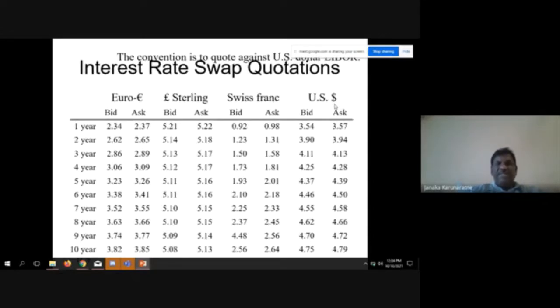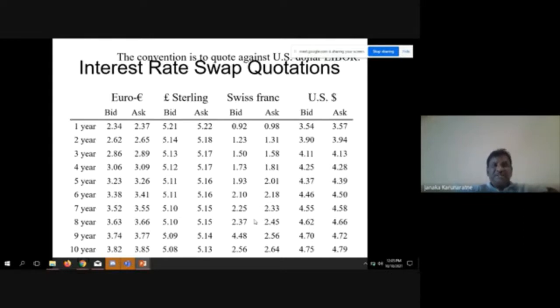These are not the current rates, but show how swaps are quoted in different currencies in the market: euro, US dollar LIBOR, sterling, Swiss franc, US dollar. What are the bid and ask spreads? For a 1 year swap, how you are quoted, 2 year swap, 3 year swap. These are general conventions.